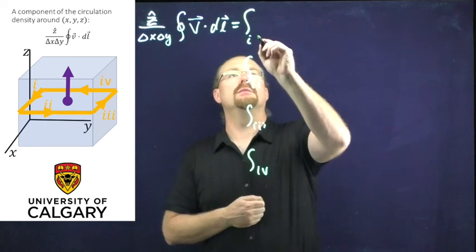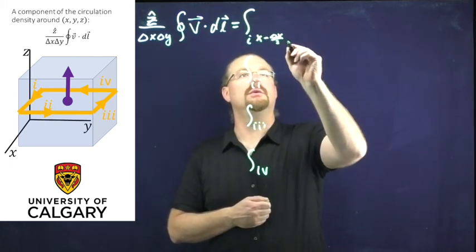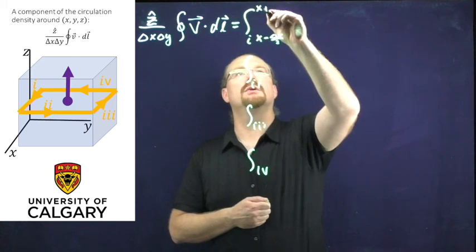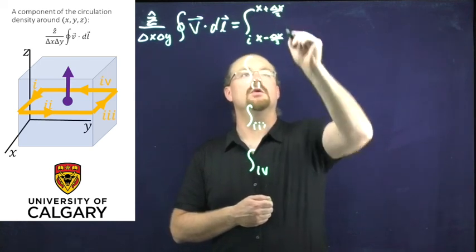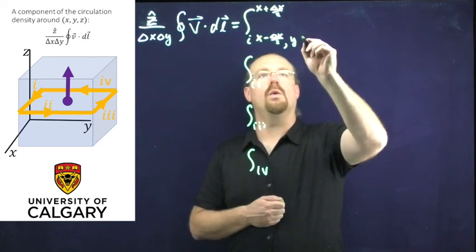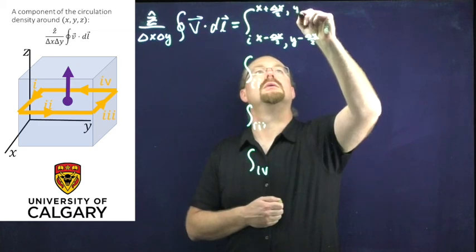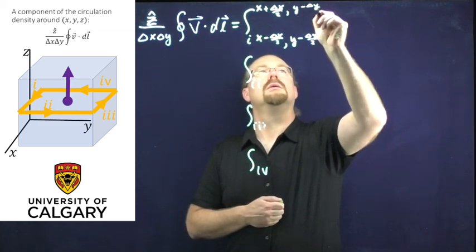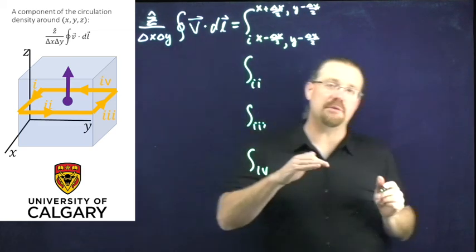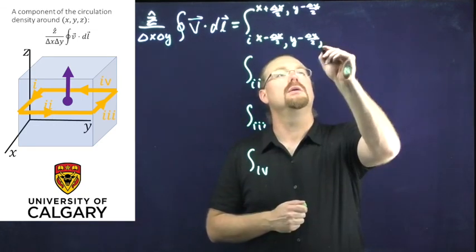We are going from x minus delta x over 2 up to x plus delta x over 2, but throughout, y is y minus delta y over 2. And because we're in the same plane where the x, y, z point is, we're just at z.